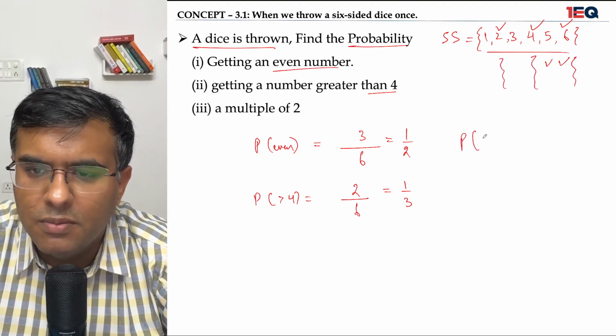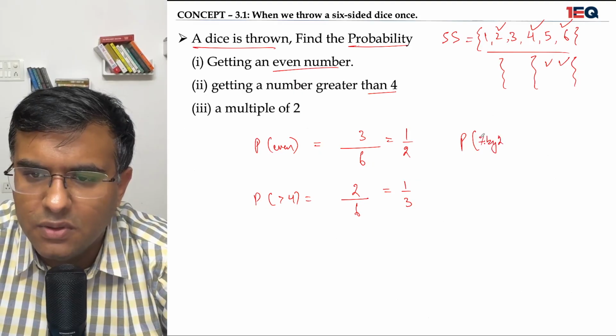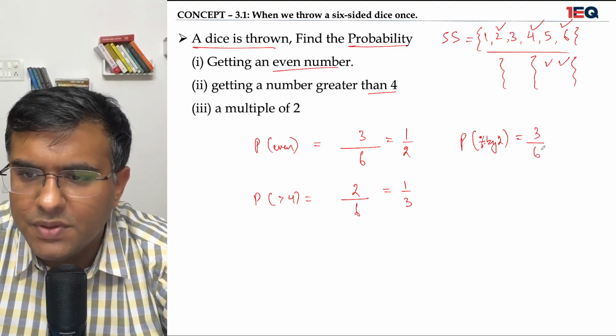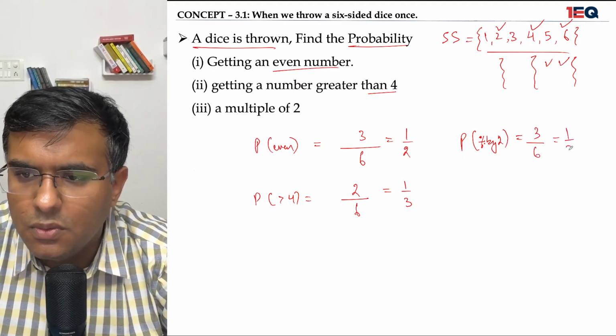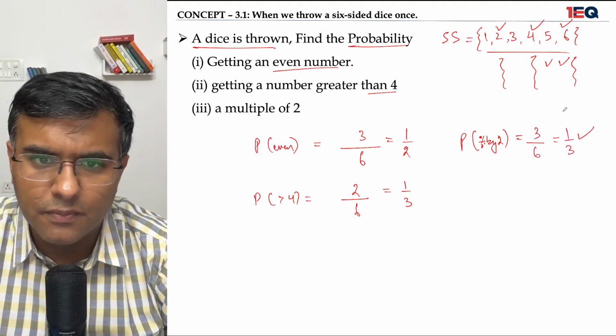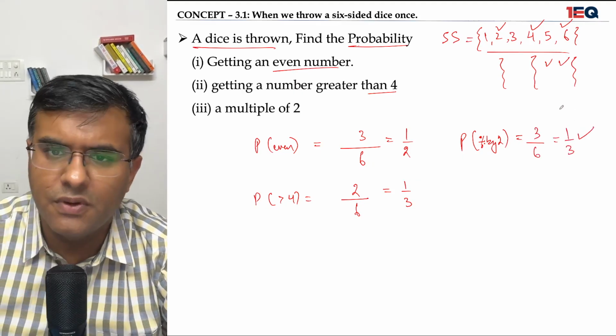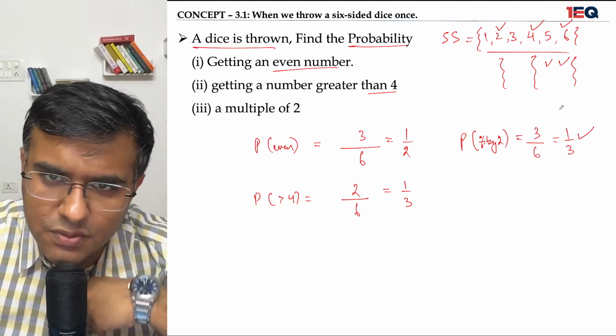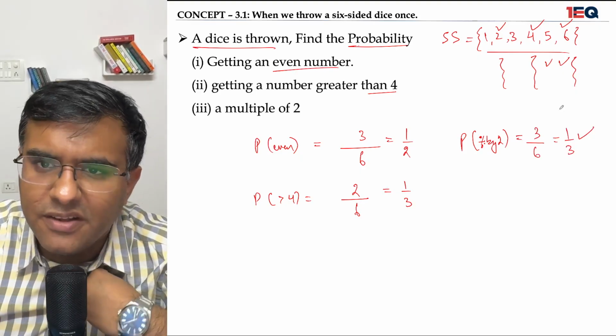So the probability of divisible by 2, I have used the wrong sign, this is divisible by 2, would be equal to 3 upon 6, which is equal to 1 upon 2. I hope you've understood it pretty well.